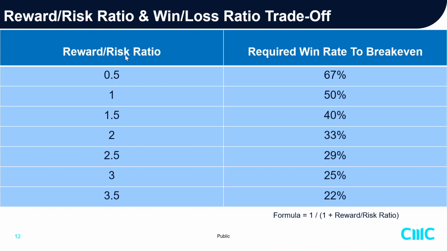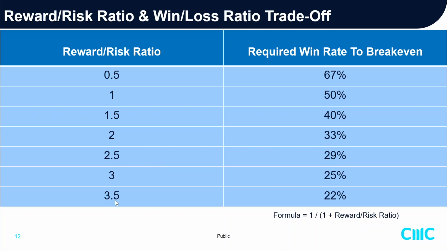Let's do it step by step. Say we have a reward risk ratio of 0.5. Your required win rate will be higher, 67%. With a reward risk ratio of 1, your required win rate to break even is 50%. If you go all the way down, say 2.5, now you have a higher reward risk ratio, but the required win rate reduces to 29%.